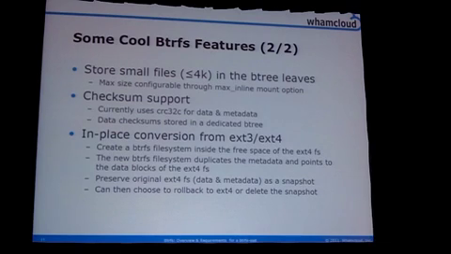So you can then test how btrfs will perform on your file system, if you replace the ext4 file system with btrfs, and if you are happy with the result, you can just delete the ext4 snapshot. You will get the space back, and then you are stuck with btrfs forever.